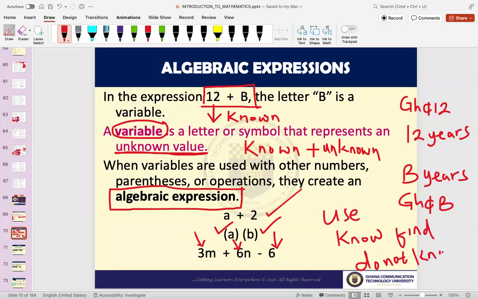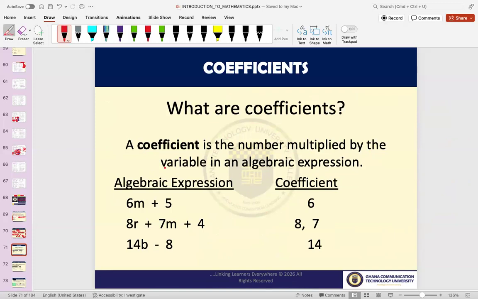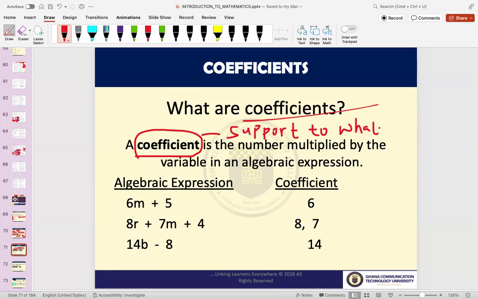Now, the technical terms that are used in algebraic expressions, we want to start looking at them. When you hear the word coefficient or coefficients, coefficient is like a support. So let's look at an example.